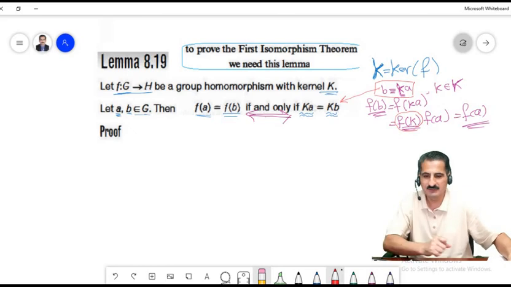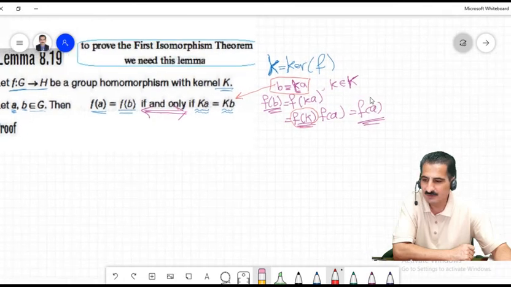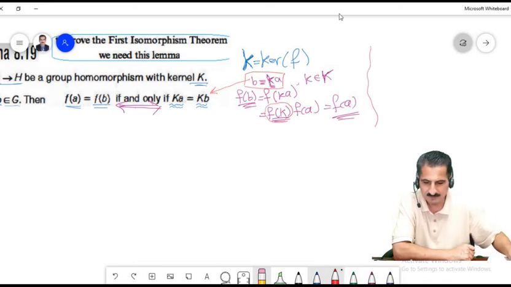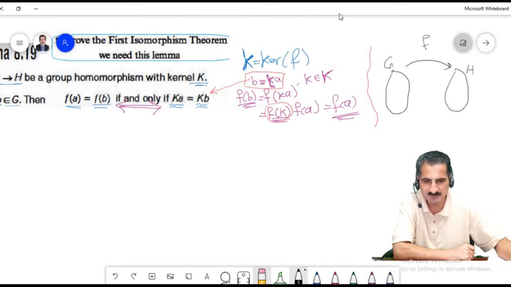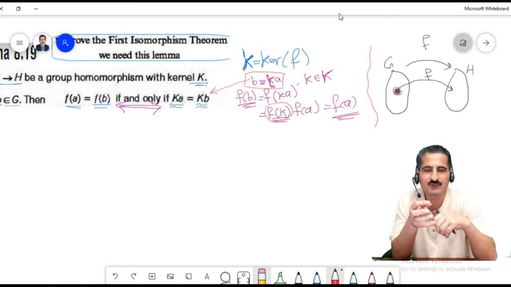Actually, I would like to make it more fun, if you want to understand the spirit of these things. Now what's happening here? This is G, this is H, and F is a homomorphism from here to here. Choosing an element here, I make it big. Under F it will go somewhere. What F will do is take that element and clean from it any parts that come from the kernel.